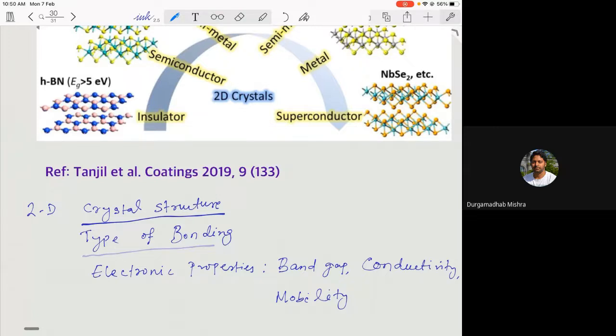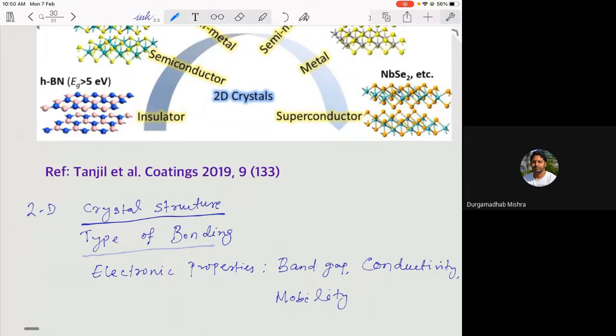But from a transistor point of view, what we want is a moderate band gap similar to silicon. Then we should look at the conductivity and the mobility, and also ease of fabrication. Silicon is still dominating because of the large-scale technology used in the fabrication process, the ease of fabrication that has been established for the last 50 years.